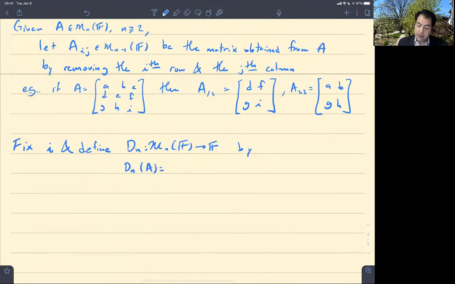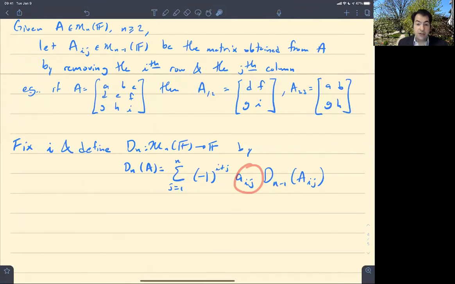What it will do is assign to a matrix A the sum, j goes from 1 to n, of (-1)^(i+j) a_ij d_{n-1}(A_ij). Lowercase a_ij is just the entry of the matrix A in the spot ij, and A_ij is the matrix where you've removed the ith row and jth column. It's a matrix of size n minus 1 times n minus 1, and so we can apply this function to it.